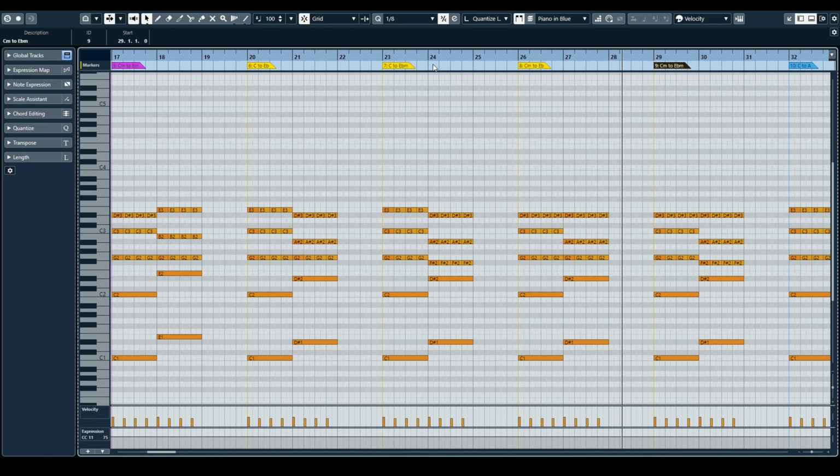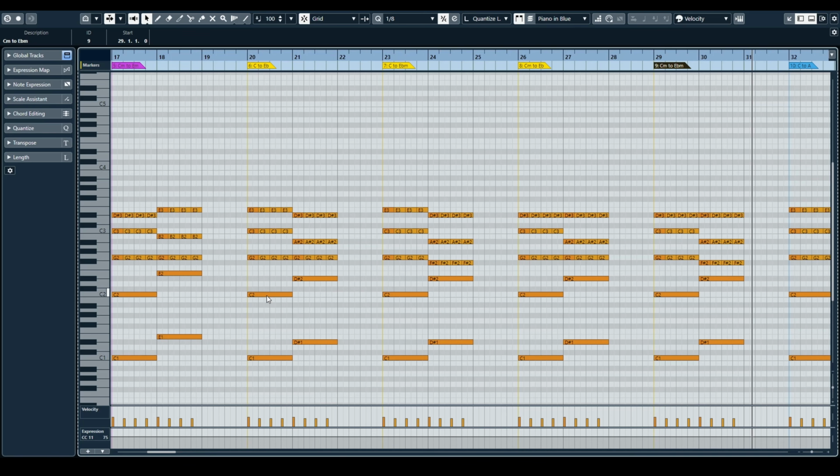And then this example is, again, this one. However, we change the first chord to minor. So C minor to E flat minor. Right? So these are all the C to E and C to E flat examples.